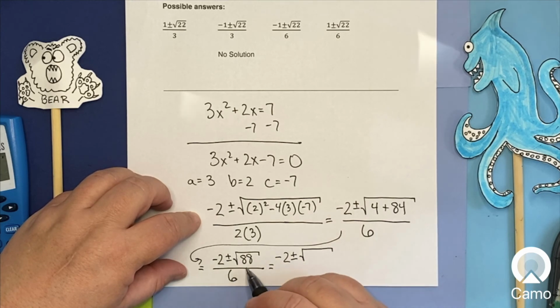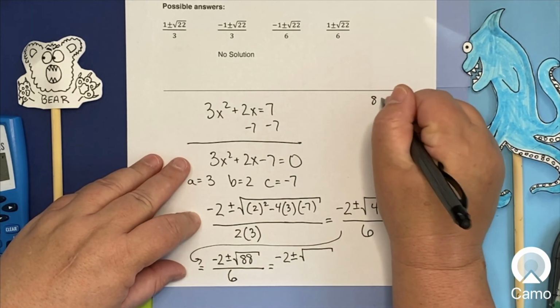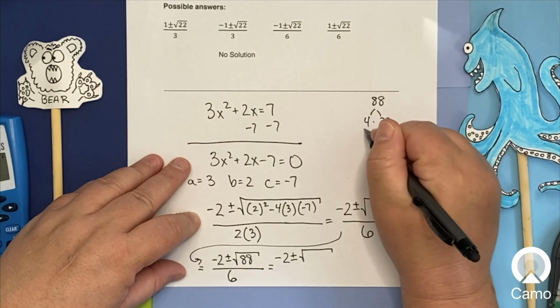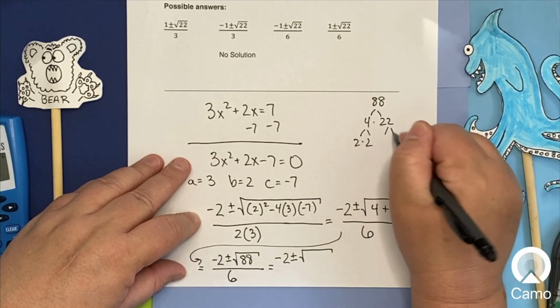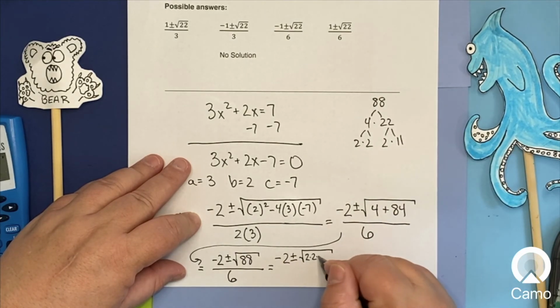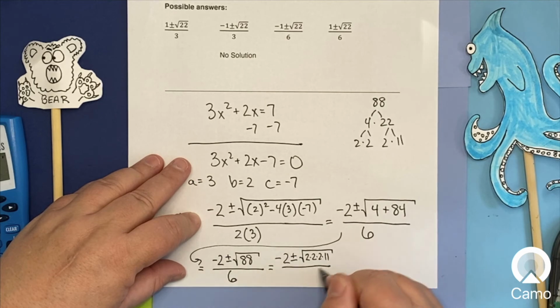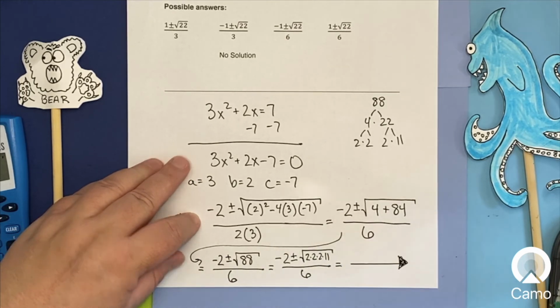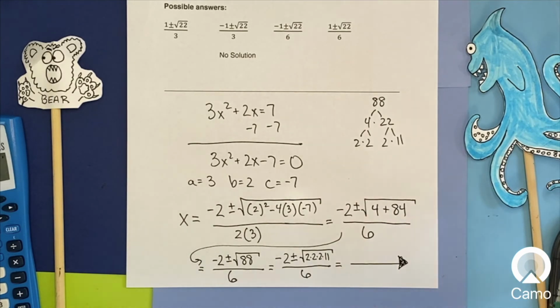So let's see, 88 is 4 times 22, which is 2 times 2 times 2 times 11. I was going to try not to have to go to another page, but it looks like we're going to another page because I didn't want to try to write infinitesimally small.